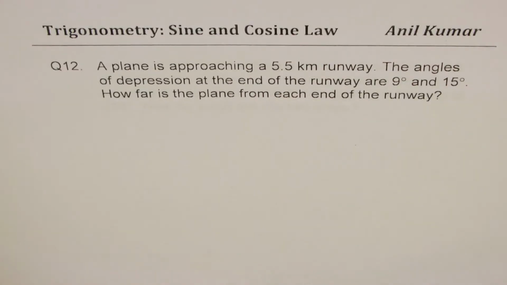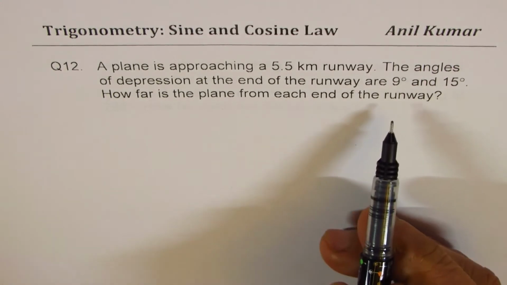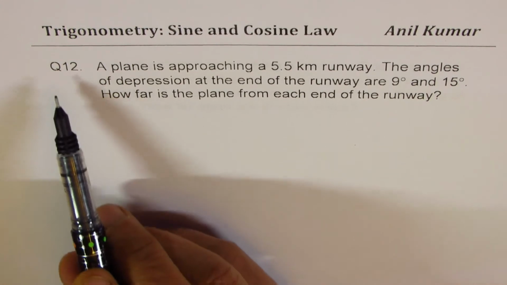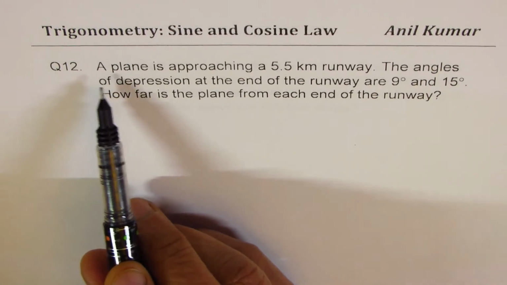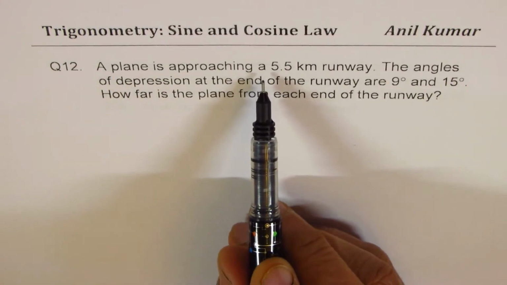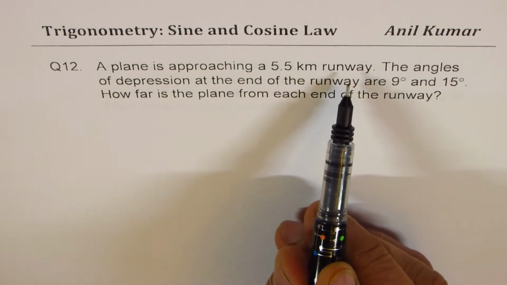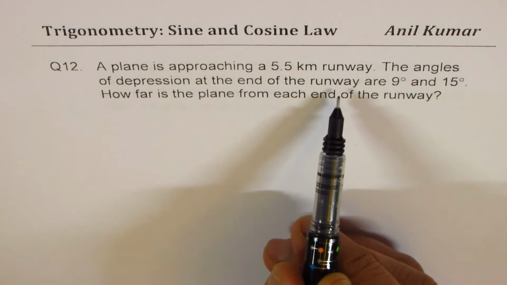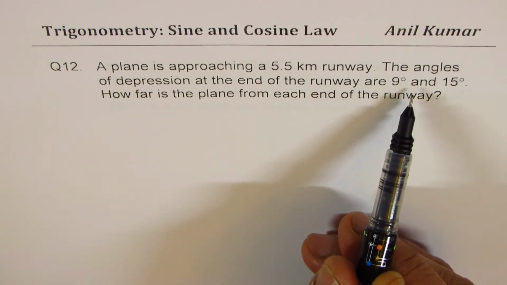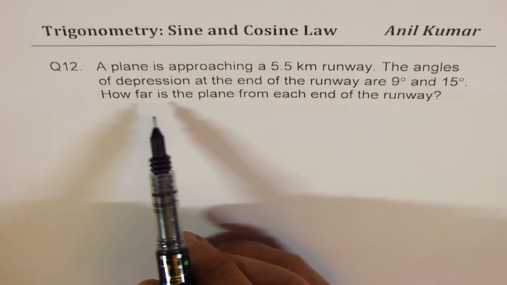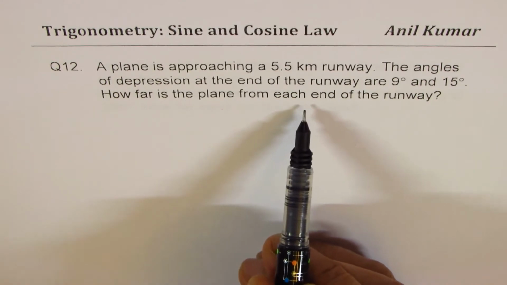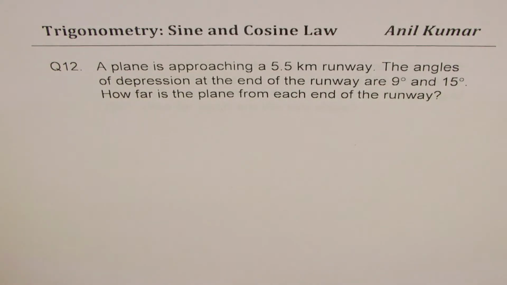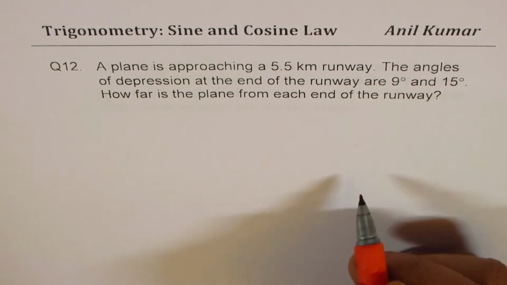Now let us do question number 12, which is kind of descriptive. Question number 12 is, a plane is approaching a 5.5 kilometer runway. The angles of depression at the end of the runway are 9 degrees and 15 degrees. How far is the plane from each end of the runway? Now that's an application question.